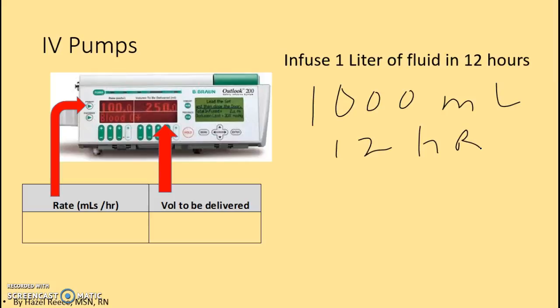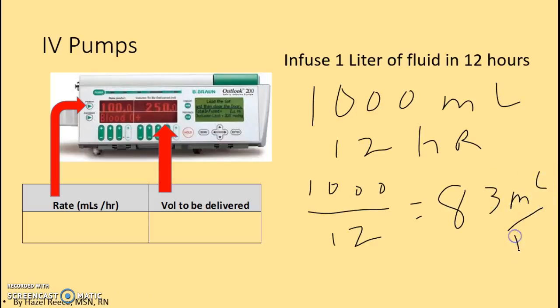So you would take the 1,000 milliliters, divide it by 12, and you get 83. So that'd be 83 mils per hour. And you can put the volume to be delivered here, and the rate would be 83.